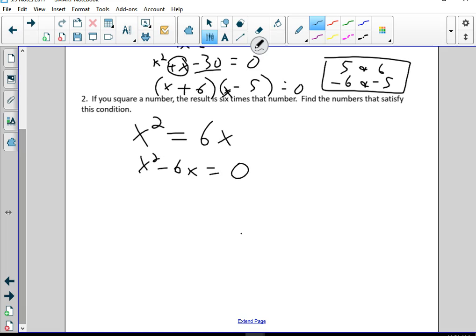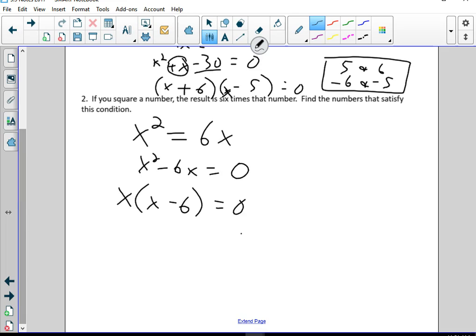Now, how can we factor that? Obviously, it's not a trinomial, so how do we factor? What can we take out? What's the GCF? What can you take out common from x squared and negative 6x? So you can factor an x out.